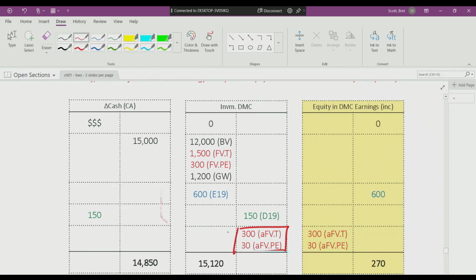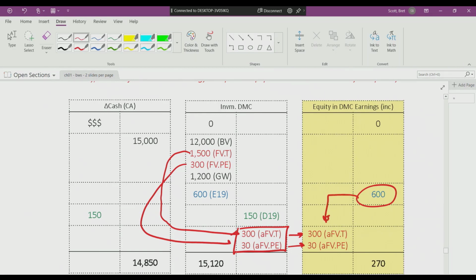Essentially, I'm amortizing away those fair value adjustments. They'll be gone after 10 years in total. The expense, if you will, is not really an expense. It's just an offset to whatever equity or net income portion we recorded. So these expenses are sort of just offsetting our equity in DMC's earnings.